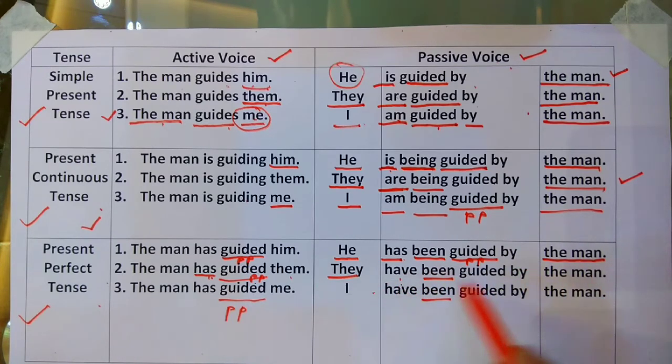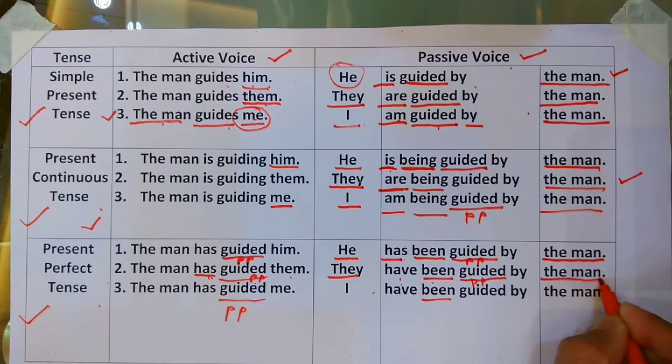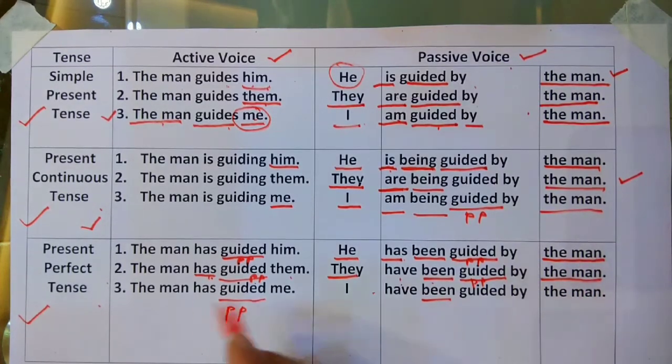In the same way we continue with been and the past participle form of the verb guide. It is already there in the active voice and we continue in the passive voice. So the passive sentence is, they have been guided by the man. This is the subject we have swapped from here to the end of the passive voice.